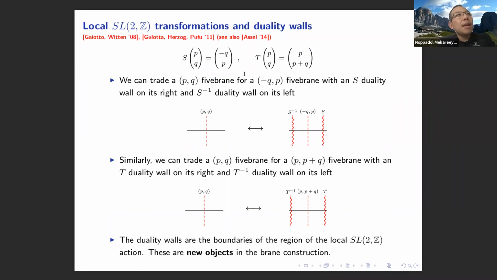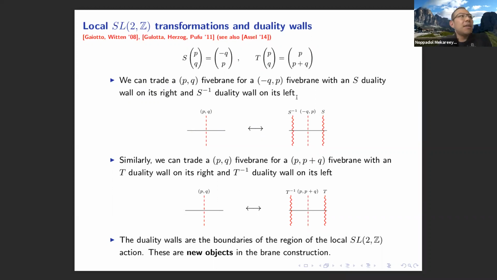Because we have seen the concept of a duality wall in the earlier slide, but you can use it in a stronger way in a certain sense. In the following way: you remember the S matrix and T matrix I introduced earlier. If you act on (P,Q), S changes it into (minus Q, P), and with T, you get (P plus Q, Q), okay?